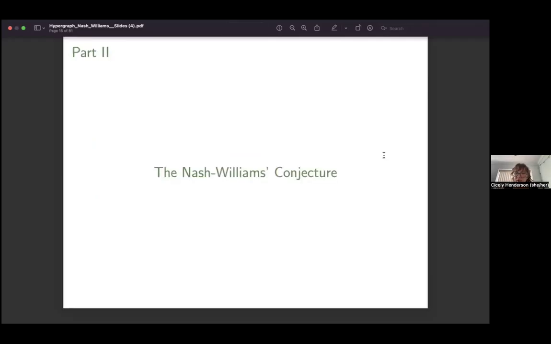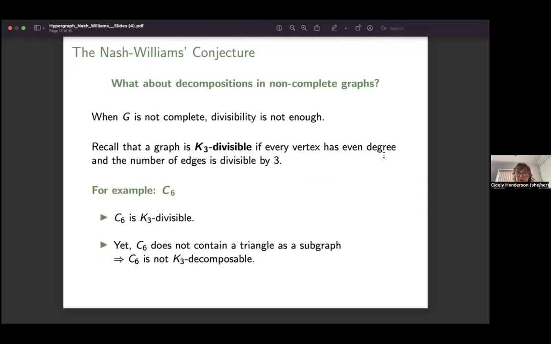And that brings us to part 2, the Nash-Williams conjecture. With the resolution of the existence conjecture, we know that complete hypergraphs always decompose into smaller complete hypergraphs. Well, this begs the question, what about decompositions in non-complete graphs?